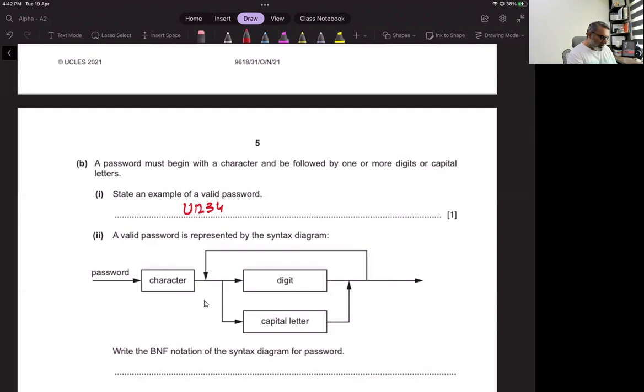One or more digits or capital letters. So this could be U1, 2, E, 3, 4, I. It could be like that. All right. So a password must begin with a character and followed by one or more digits or capital letters. So these two are fine ones.